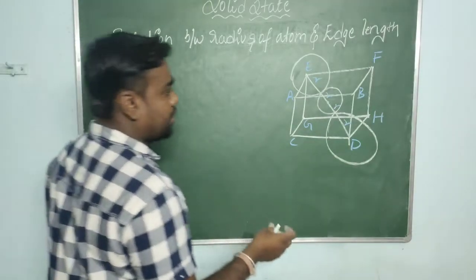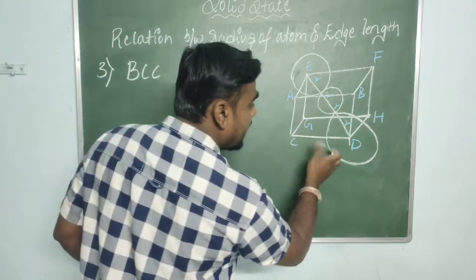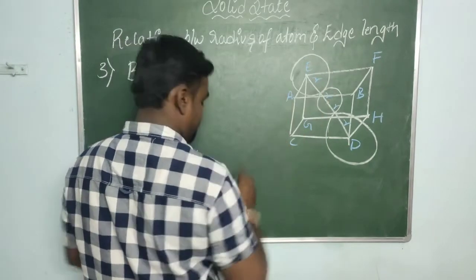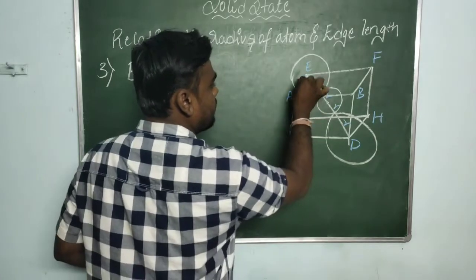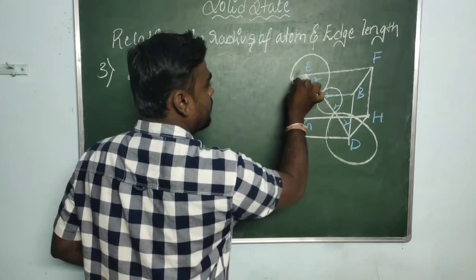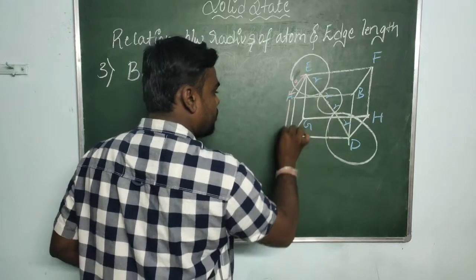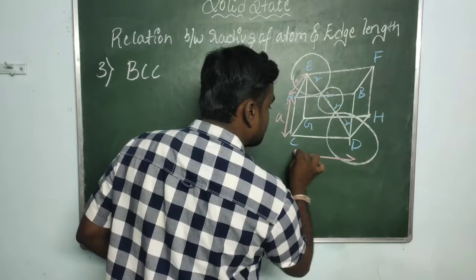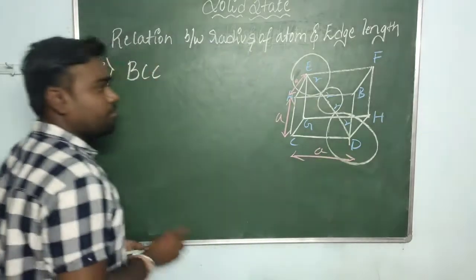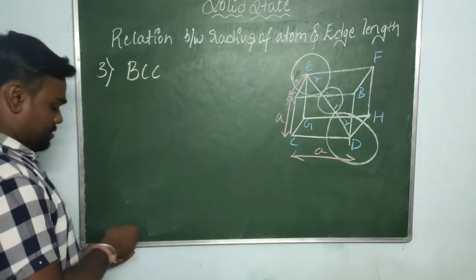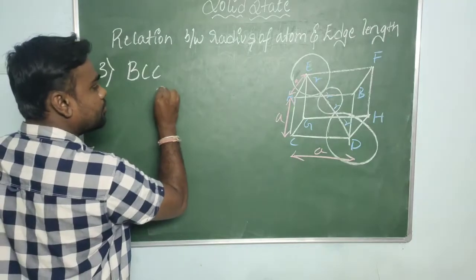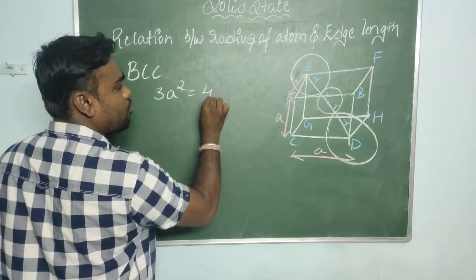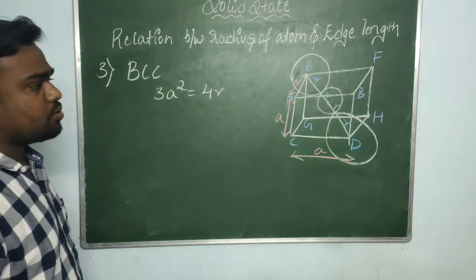We know that the edge length AE is A, and we know this also is an edge length A. We can write straightly that 3A square is equal to 4R square.